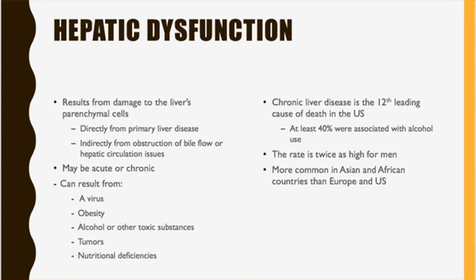Chronic liver disease is the 12th leading cause of death in the U.S., and at least 40% of those with chronic liver disease were associated with alcohol use. The rate of hepatic dysfunction is twice as high for men, and it's more common in Asian and African countries than it is in Europe and the U.S.